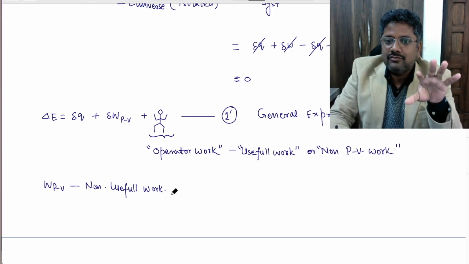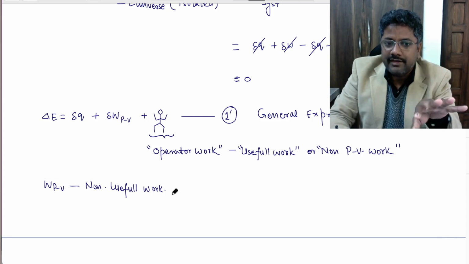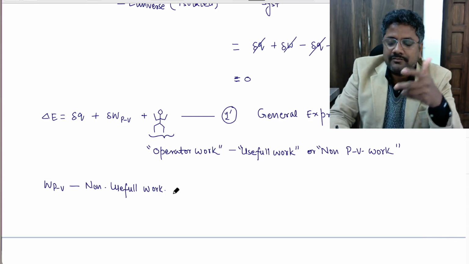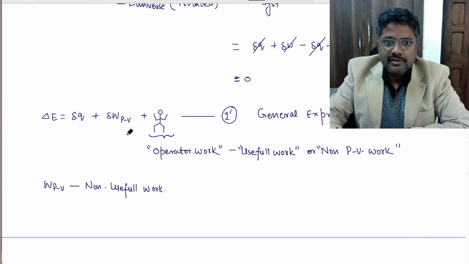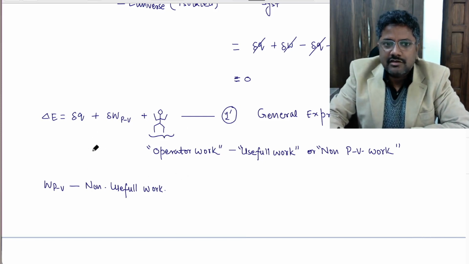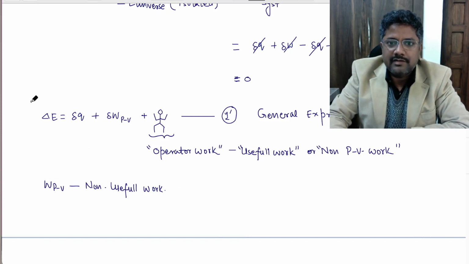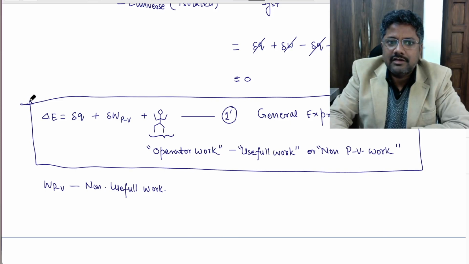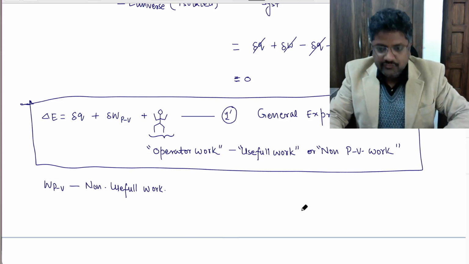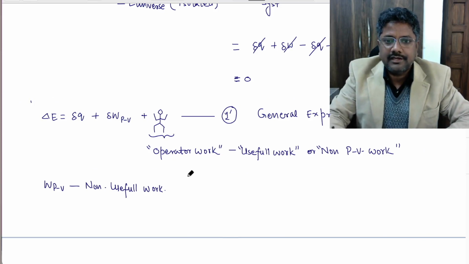So try to make your work useful, and it is useful only when you study on your own, not under the compulsion of your parents or others. So this is a very general statement of the first law of thermodynamics, and I have tried to clear the concept of useful and non-useful work.